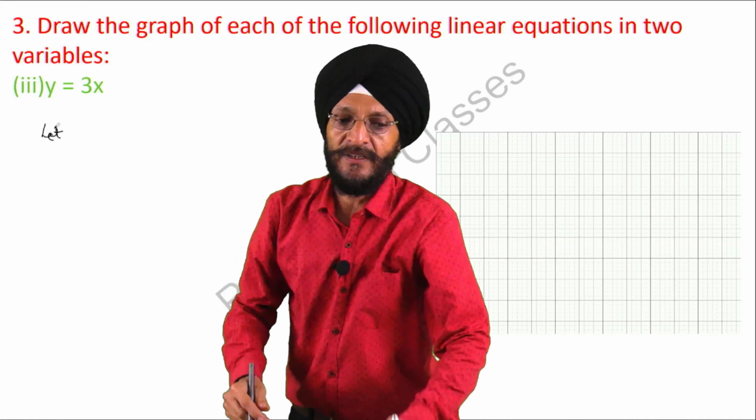Now the solutions which we have arrived at in respect of x and y are value of x is 0, y 0. Next, the value of x is 1, value of y is 3. That is, we are to write the solutions in this way. Value of x first, value of y after that.